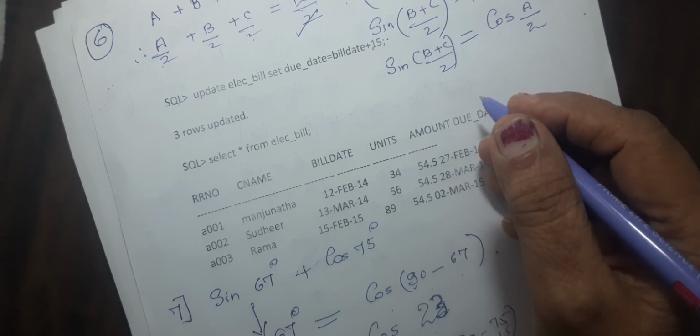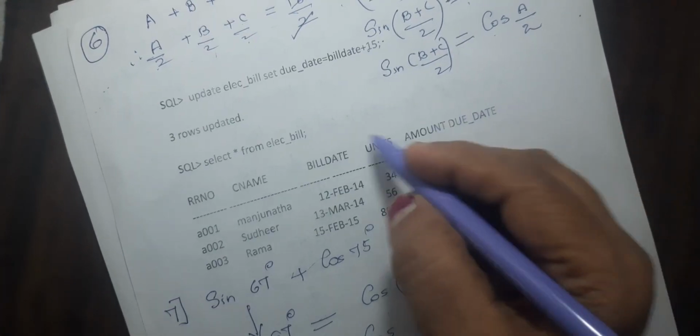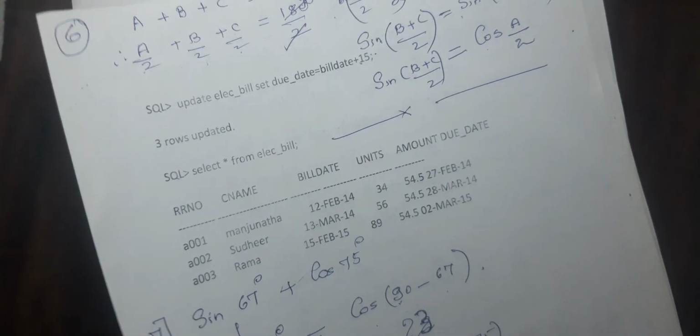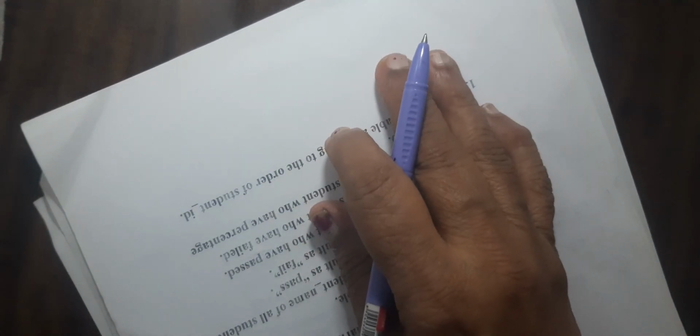Now, trigonometric identities. Because there is a lot of time, I just want to tell you the identities. Identities means, even in algebra, you have learnt many identities. (a plus b) the whole squared is equal to a squared plus b squared plus 2ab.